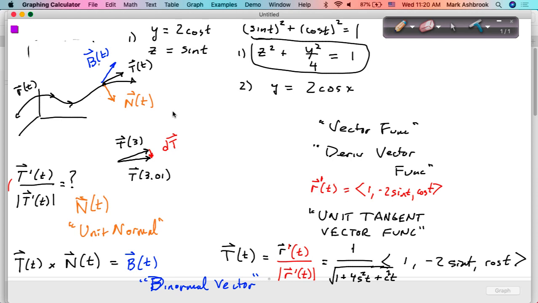To write the normal plane, which is parallel to n and b, you would use the tangent vector to write its equation, because it needs to be orthogonal to the plane, right?